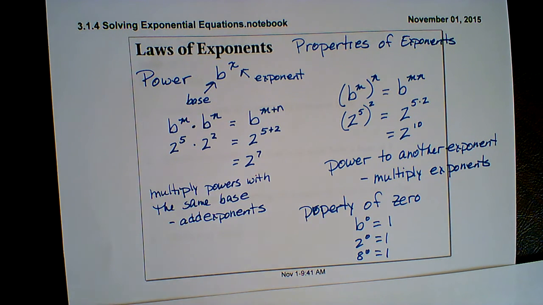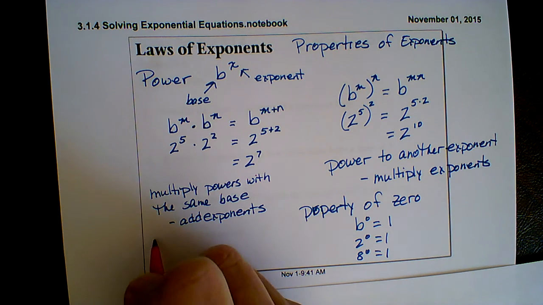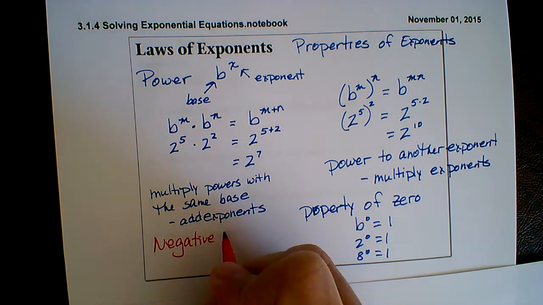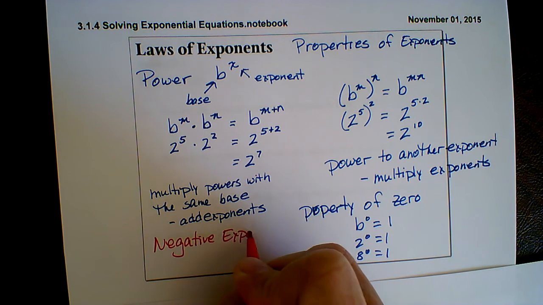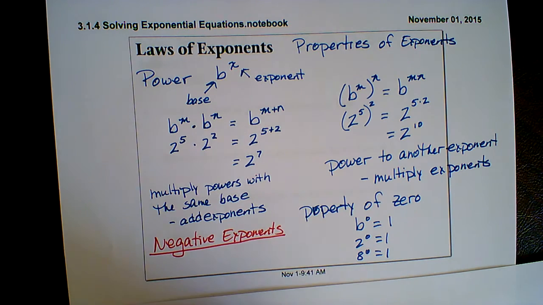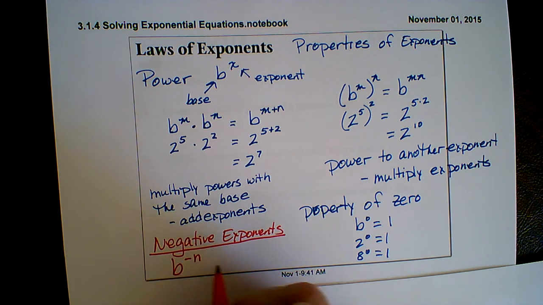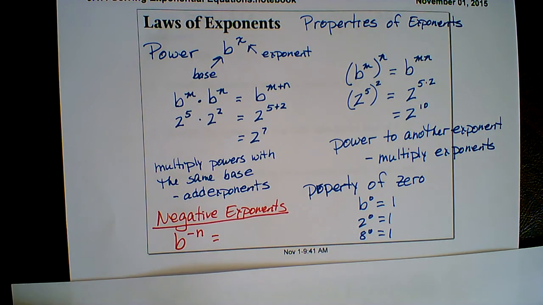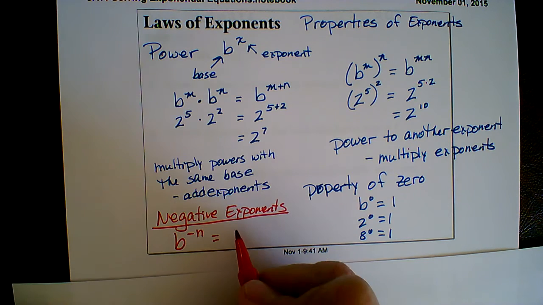So let me change colors for that. Negative exponents. So if I have b to the negative n, I need to rewrite that so that it has a positive exponent. In order to get it to have a positive exponent, I have to move it down to the denominator.